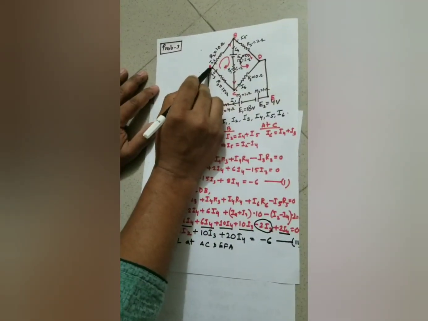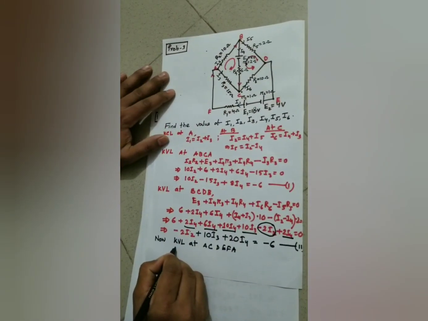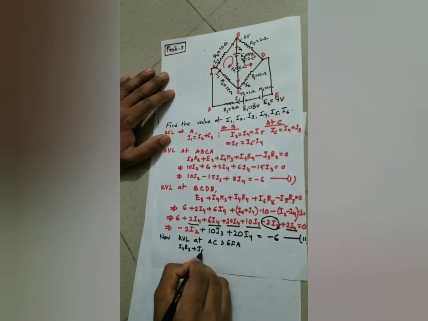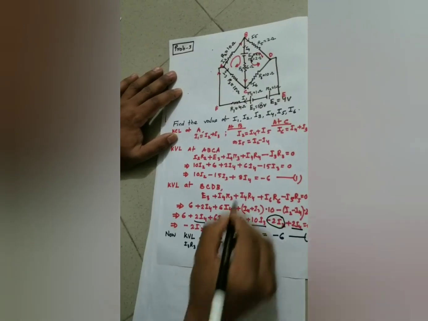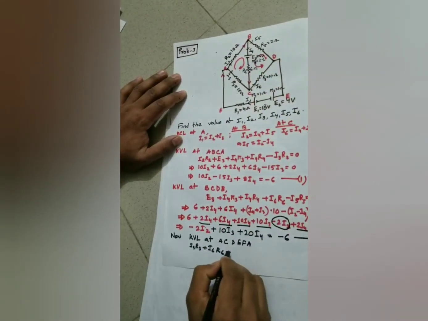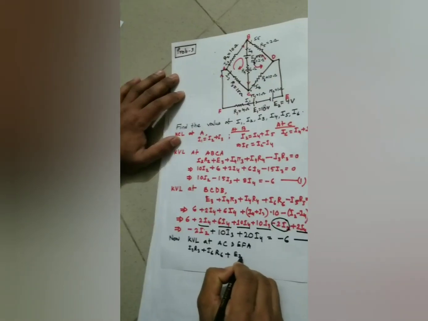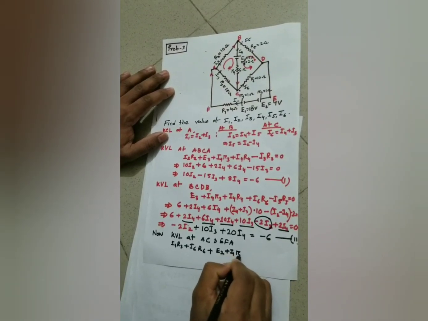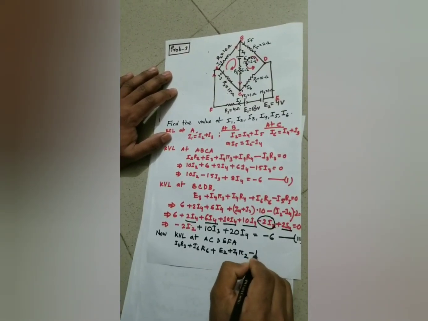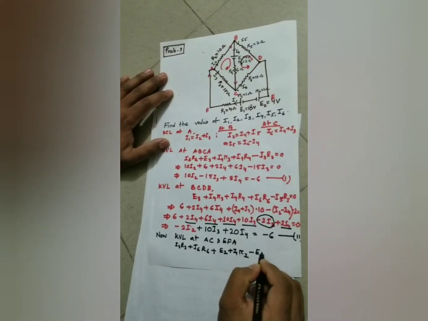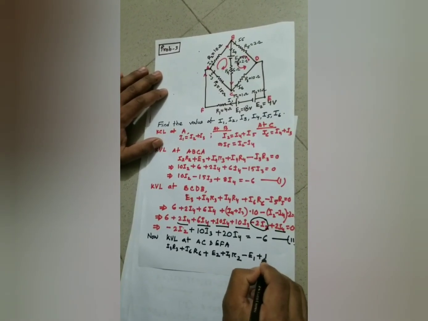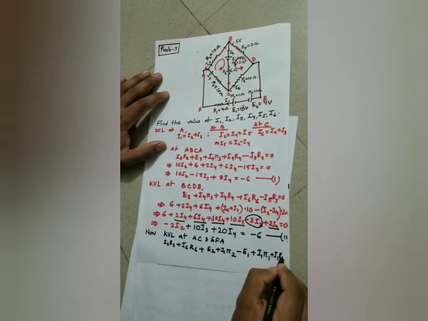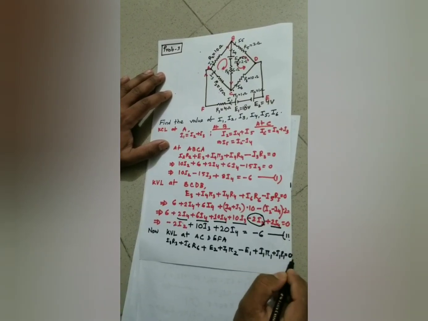So we start our journey from A. That means I3 R3 plus I6 R6 and then positive E2, and here is plus I1 R2 minus E1 plus I1 R1 plus I1 capital R1 equals 0.